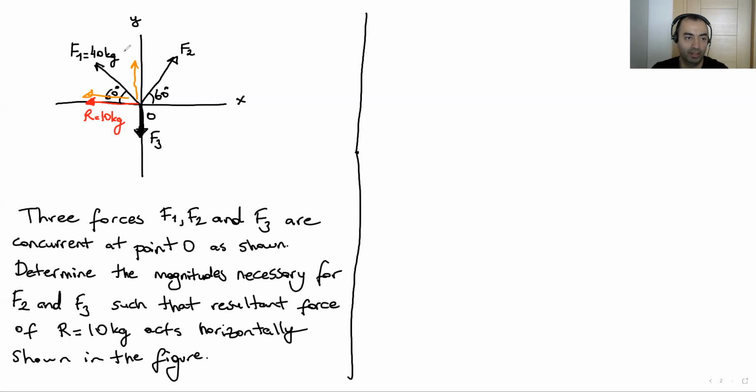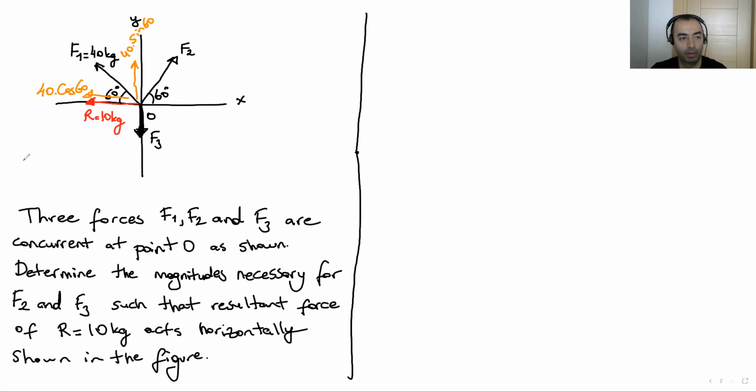So what is this? F1 times sine 60. So F1 is 40 times sine 60. Let's write the same equation for the horizontal one: 40 times cosine 60.